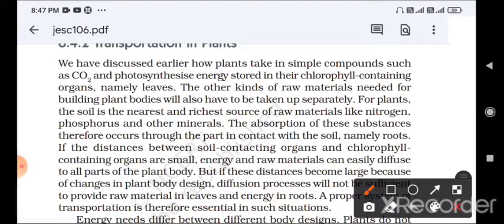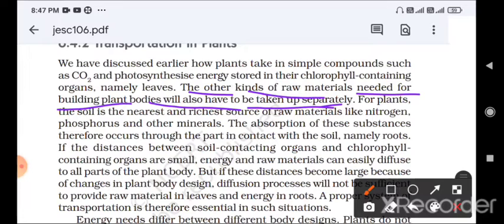Okay, the other kinds of raw materials needed for building plant bodies also have to be taken up separately. For the preparation of food, the plant needs sunlight, chlorophyll, water and carbon dioxide, but some other raw materials like minerals and nutrients are also taken up by the plants with the help of soil.